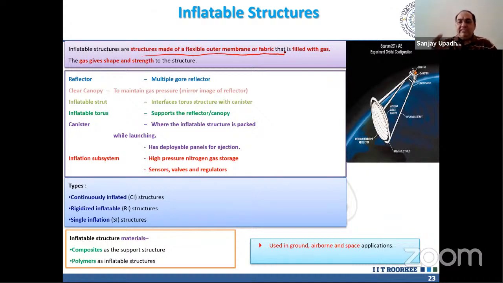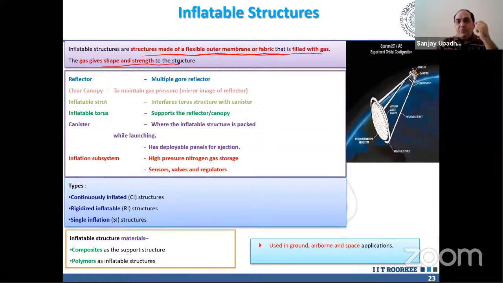Thin materials such as Kapton, Kevlar and Mylar are space-qualified materials used in these structures. The membrane is filled with gas. When it is required to open, you fill the gas, and the gas gives the shape and strength of the structure.